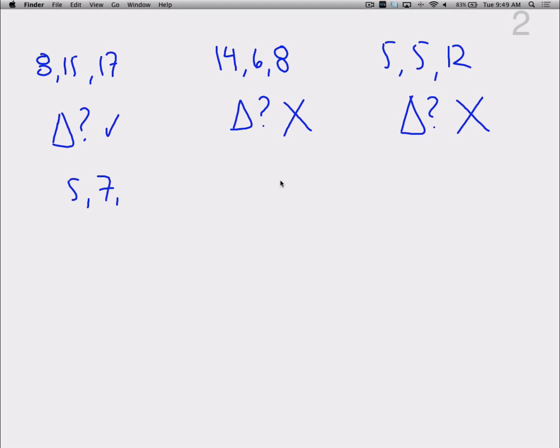But you said all numbers greater than 12. I listed everything that couldn't be. So would 100 gabillion work? It would not, because 5 plus 7 is not greater than 100 gabillion. So I listed all of the numbers that would not work. Any number greater than 12 would not work. What about -4?